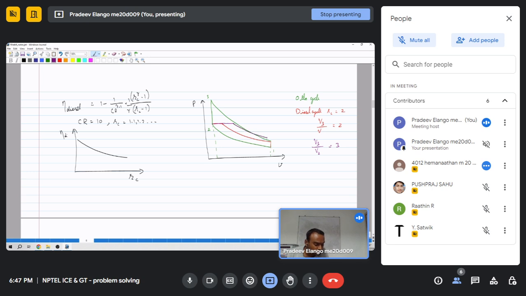So in all these cases, what I have done is I have burned the fuel at a later stage of the stroke. For example, first in the Otto cycle, I burnt all the fuel at one point itself, at the second point, and then I suddenly went up to pressure P3, which is very high.